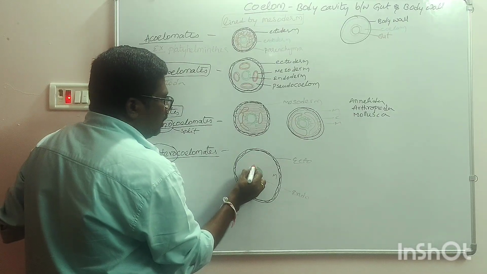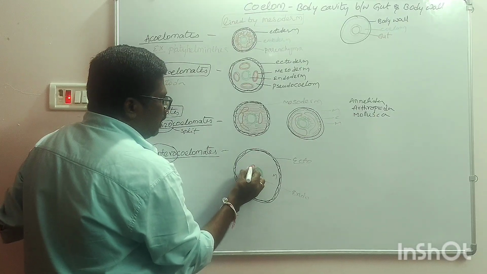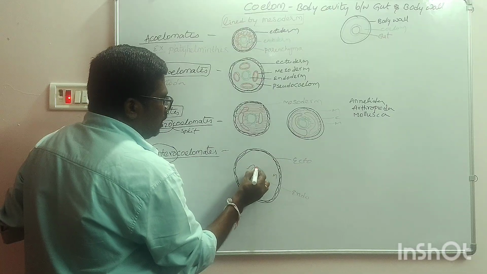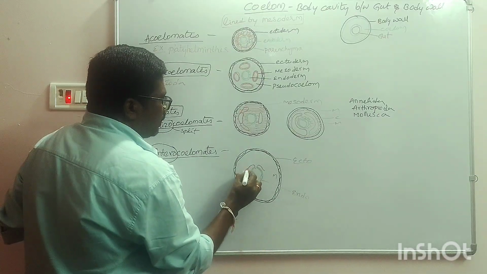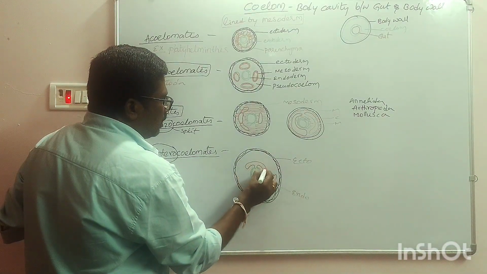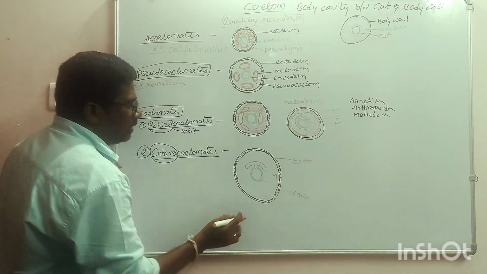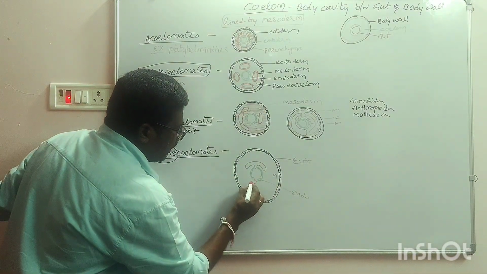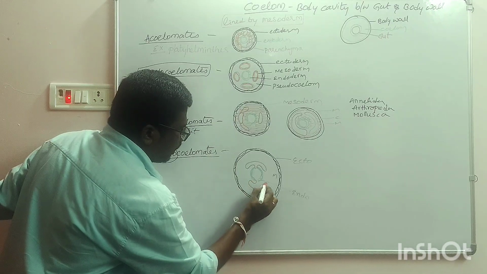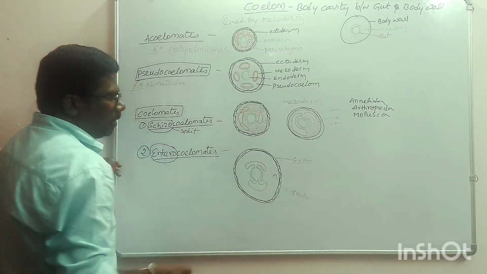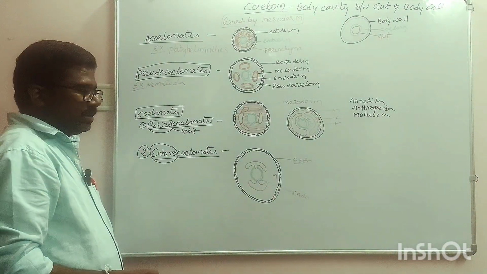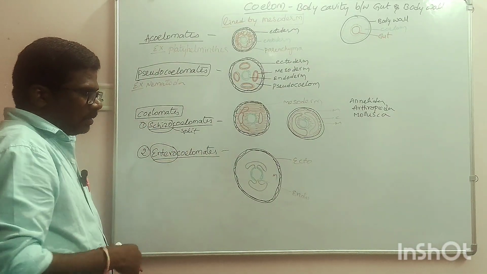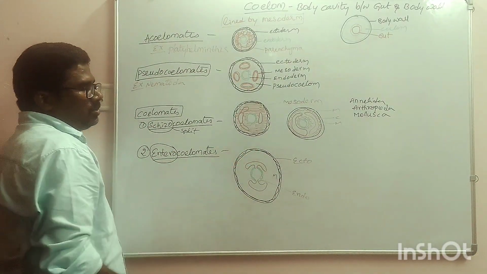The gut wall evaginates out like this on both sides, into the mesoderm.